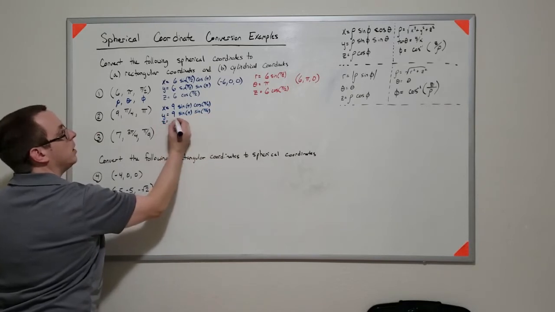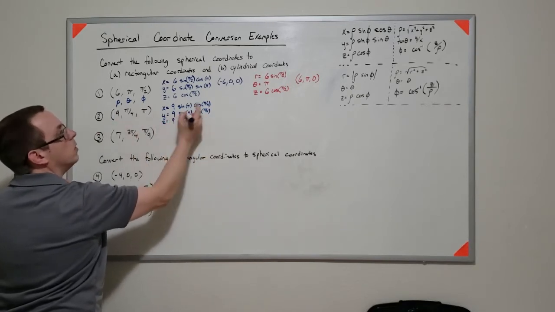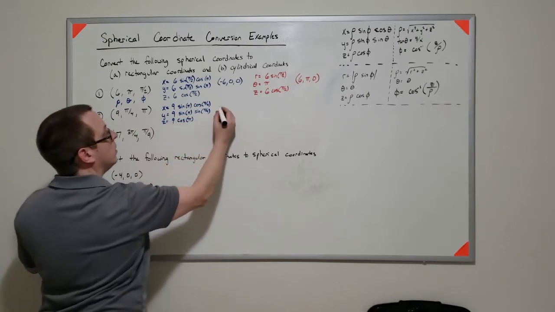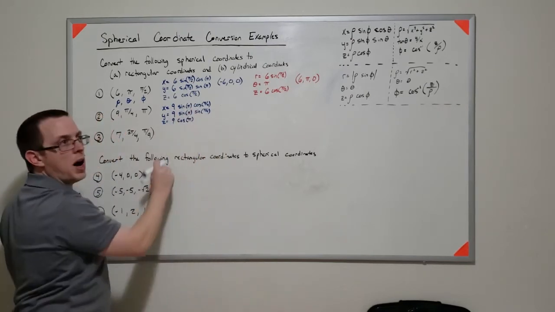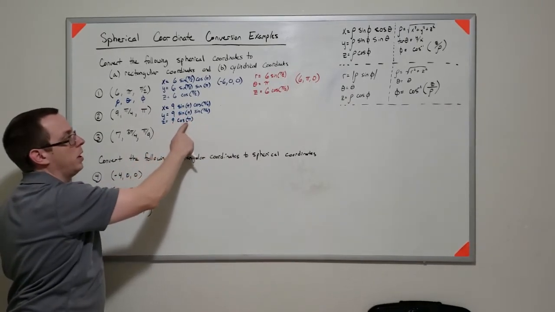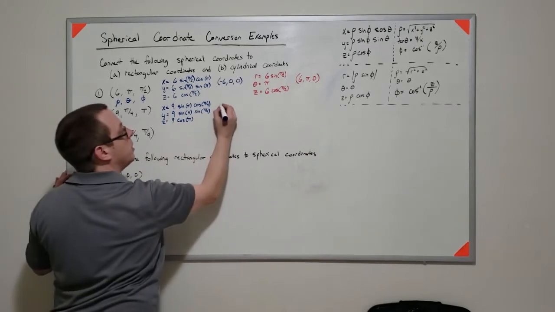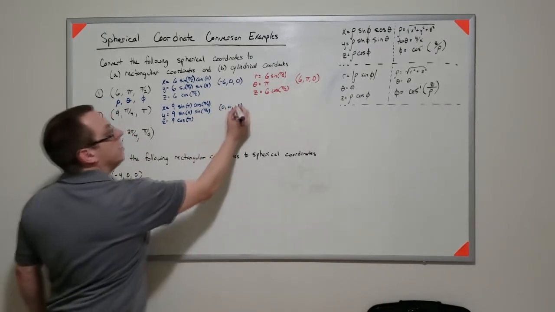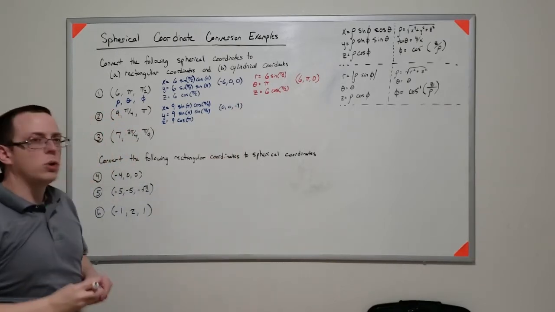And z is rho cosine of pi. Sine of pi is 0, so 0, 0. And cosine of pi is -1. So that gets me 0, 0, -9.